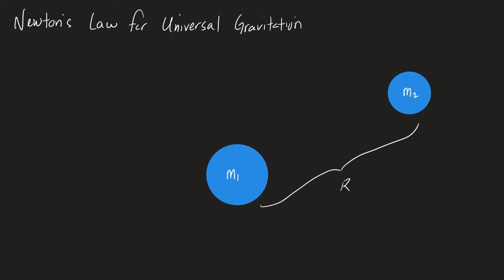It involves three properties: the masses of the two objects, their separation distance, and a constant of proportionality. Newton's law of universal gravitation states that the force of attraction between any two objects with mass is proportional to their masses multiplied together, divided by the separation distance squared.